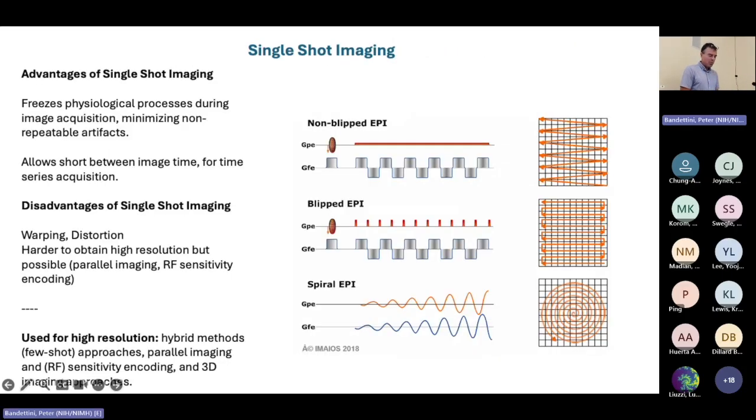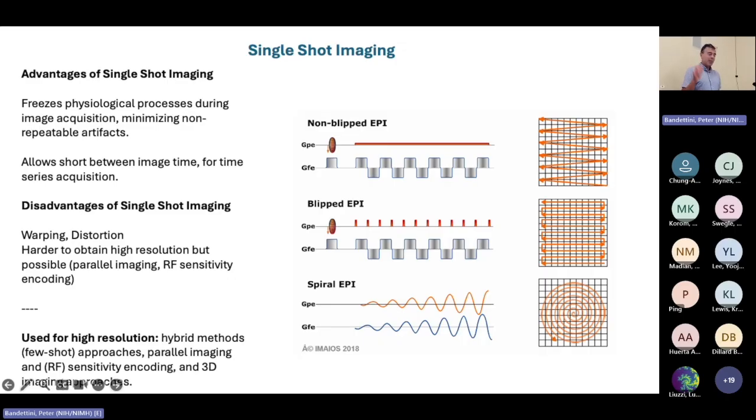All right, there are different approaches. This is getting a little bit more into the weeds, but it's just to give you an overview that people play with different strategies for collecting the data. When you collect your data, it's often depicted in terms of what's called K-space.